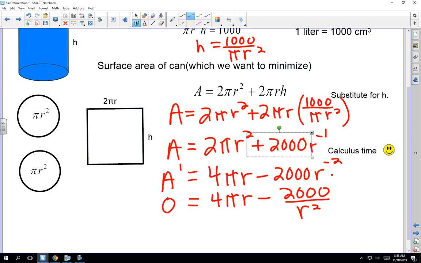That's what that term looks like. Now I go back to changing it so that it doesn't have any negative exponents, because I'm not going to take the derivative again. I'm not going to use the second derivative test on this. I guess I could. I'm going to actually use the first derivative test on this one instead to prove that the r value we get is in fact going to minimize that formula.